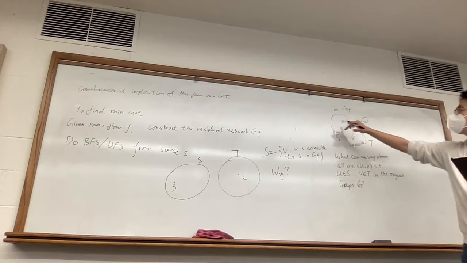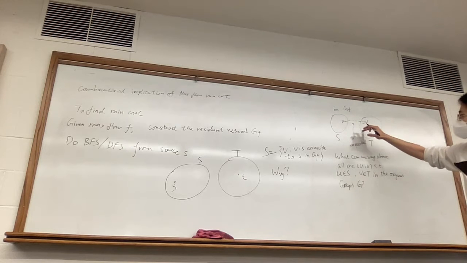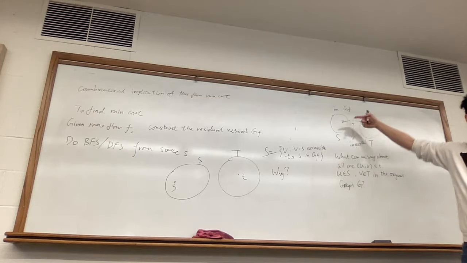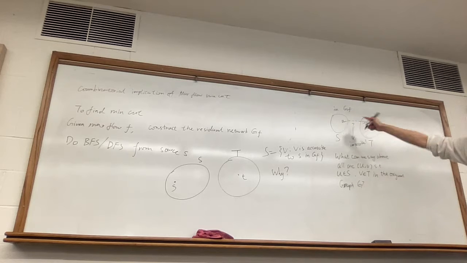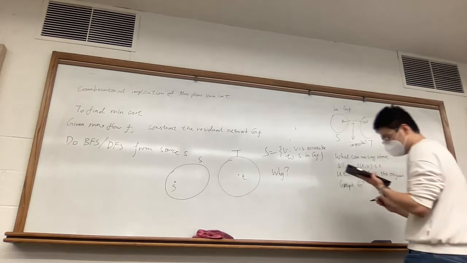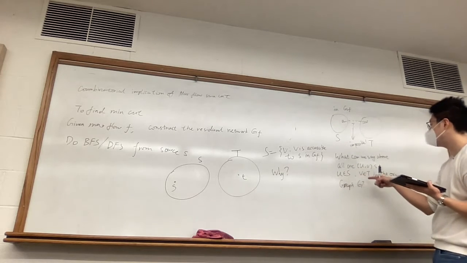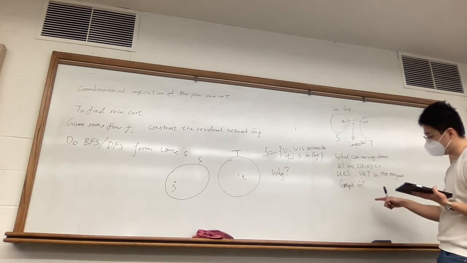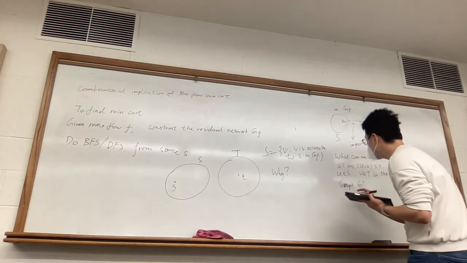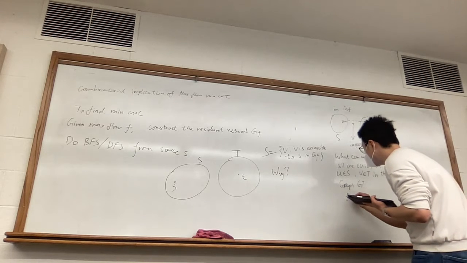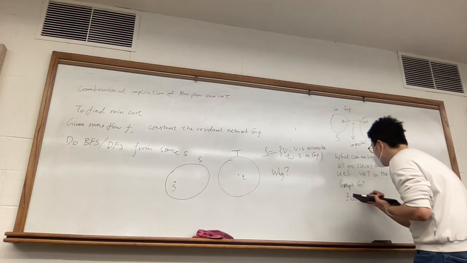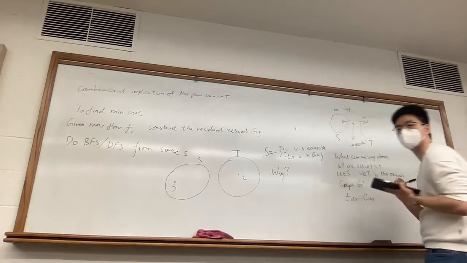Otherwise, there would be an arc UV in the residual network. But if they are filled, then we only have arc VU in the residual network. So for all U in S, V in T in the original graph G, the flow on UV is equal to the capacity of UV.